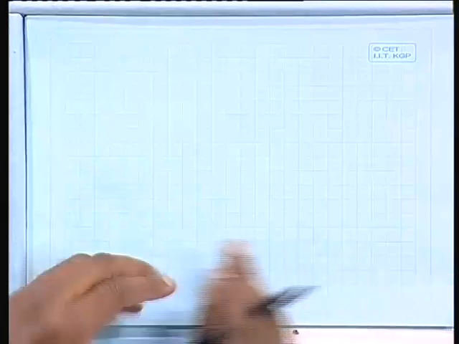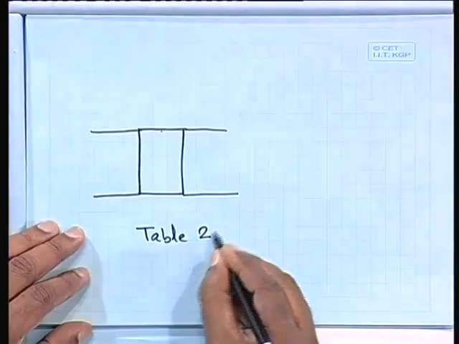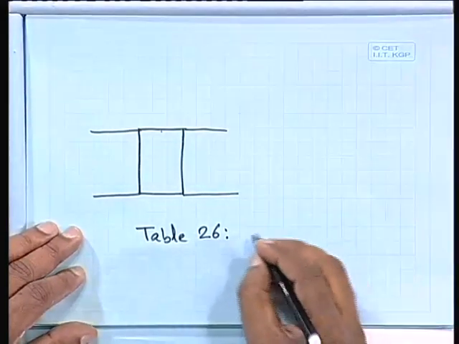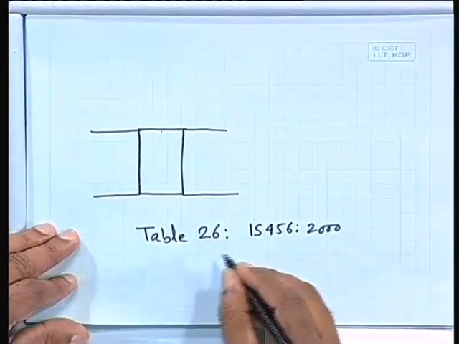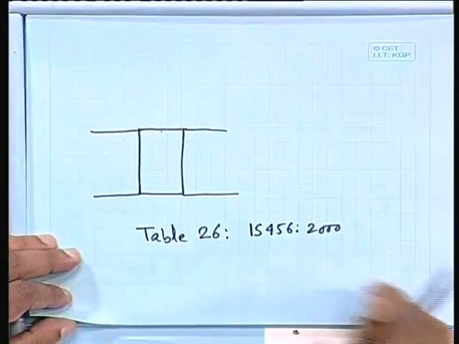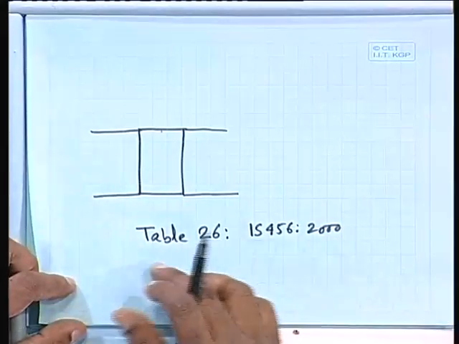These values can be found from the theory of elasticity, plate bending. But generally we do not go to that; we simply take Table 26 of IS 456:2000, where all the cases are given, and we can get all the values from there depending on Ly by Lx.